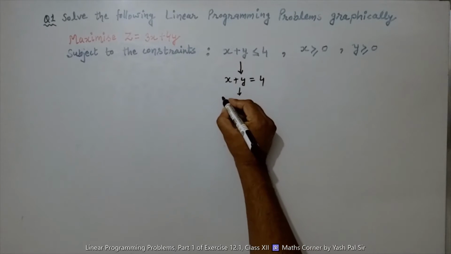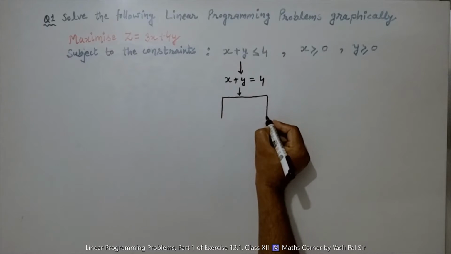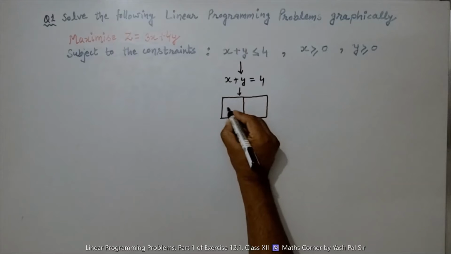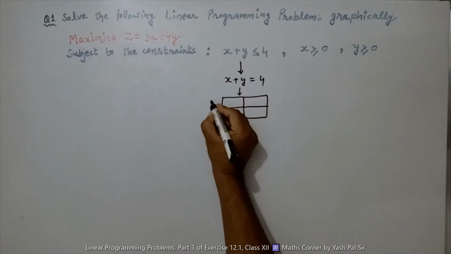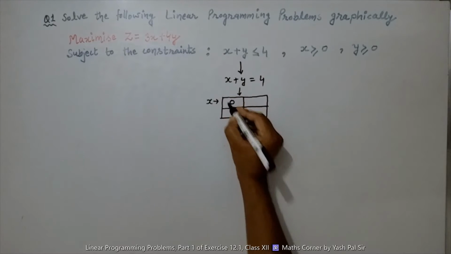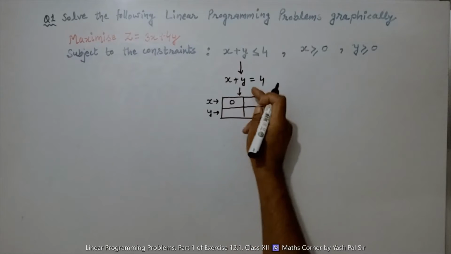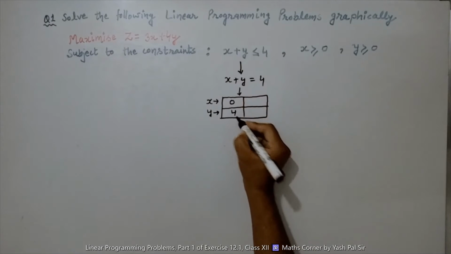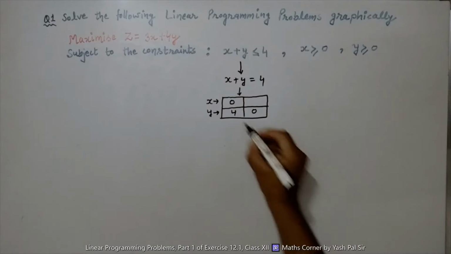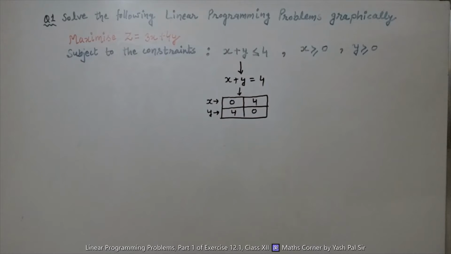Then we have the table. In this table we find the values of x and y. If we take x equal to 0, then the corresponding value of y is 4. Similarly, if we take y equal to 0, then x becomes 4, right?